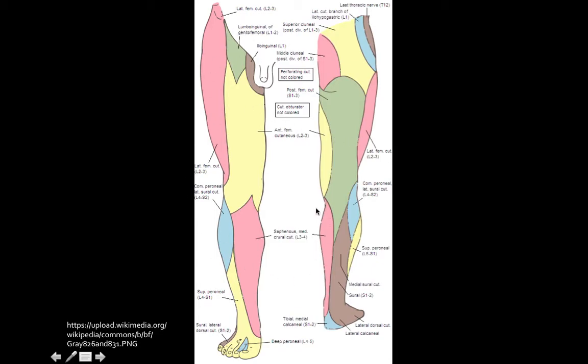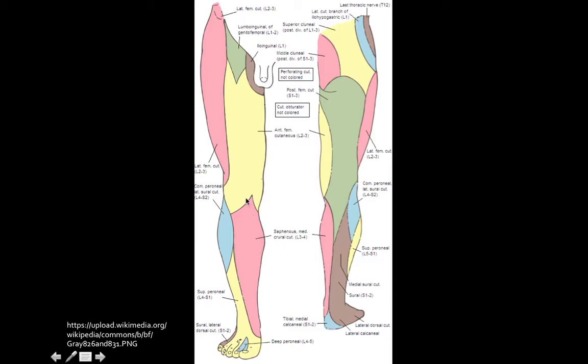So our cutaneous map, remember, is not the same as our dermatome map. Our dermatome, again, comes from one spinal cord level, whereas the cutaneous comes from 2 to 3 spinal cord levels. So this one's going to be a little bit different. Loss of sensation in these areas is typically from a more peripheral injury.